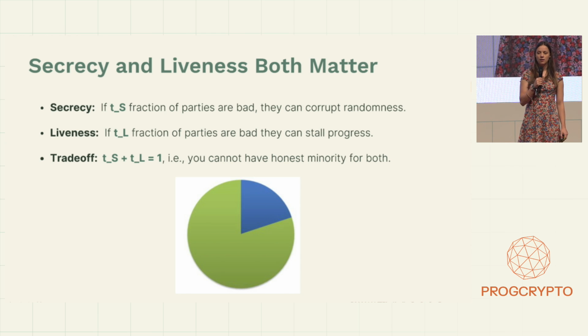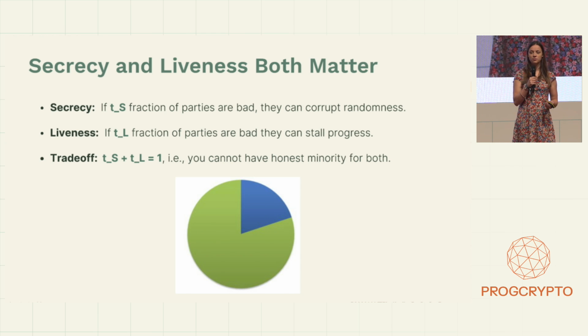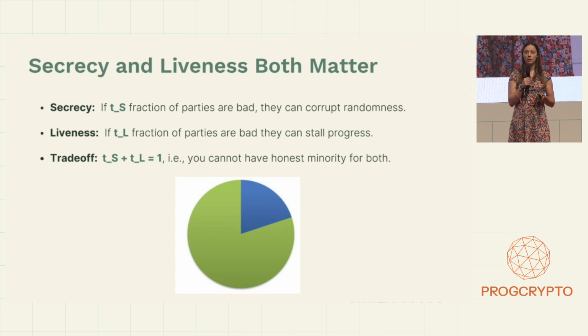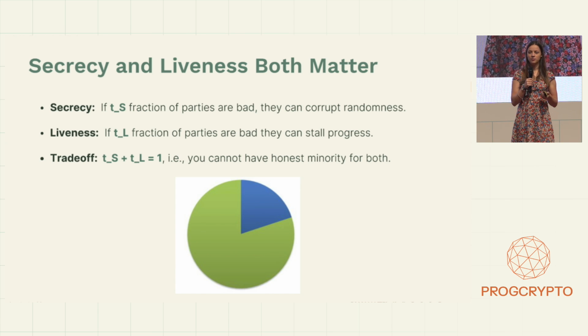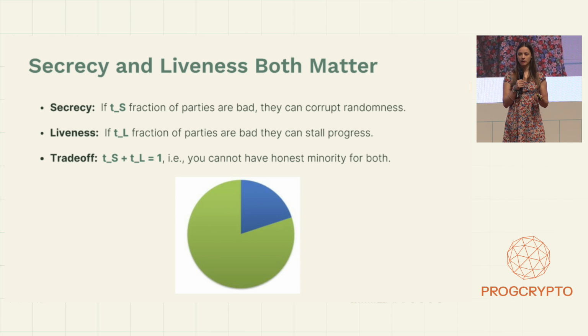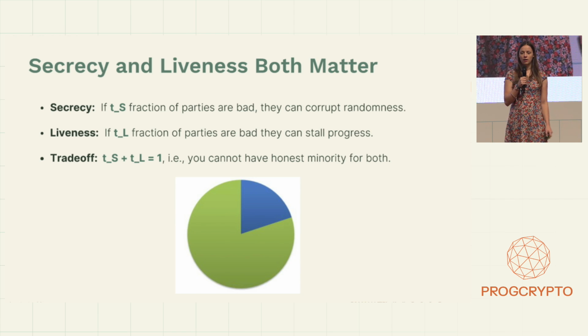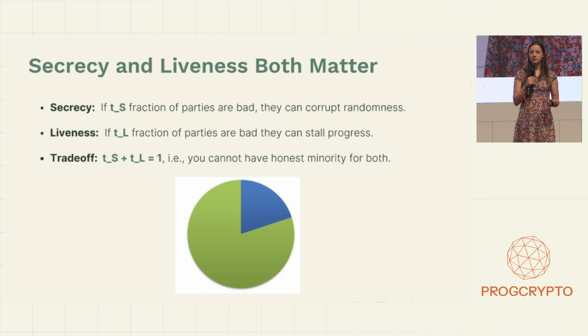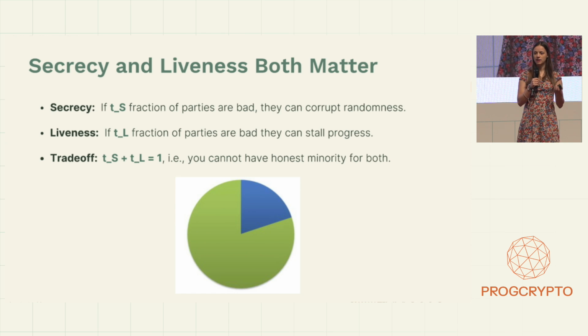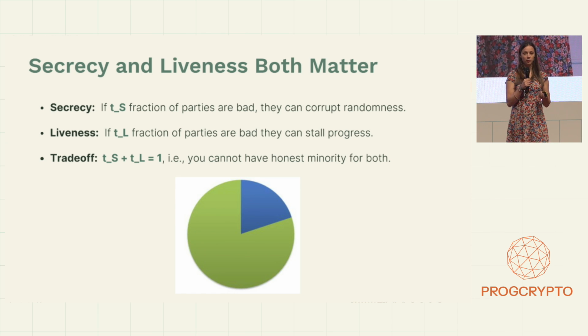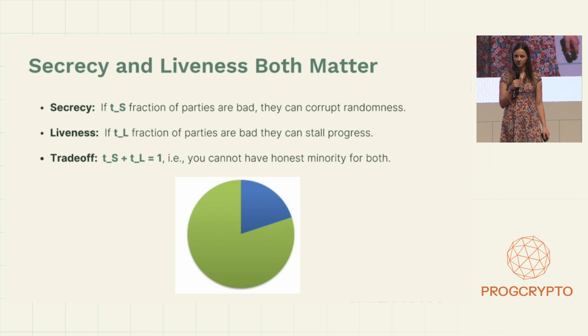By secrecy, we mean that TS is the fraction of parties who are bad. If TS fraction of parties are bad, then they can corrupt the randomness in order to get some bad output. Let TL be the fraction of parties that are bad for liveness. If TL fraction of parties are bad, they can stall progress, so they can make it so that no block proposer is determined at all, and therefore no progress is made.